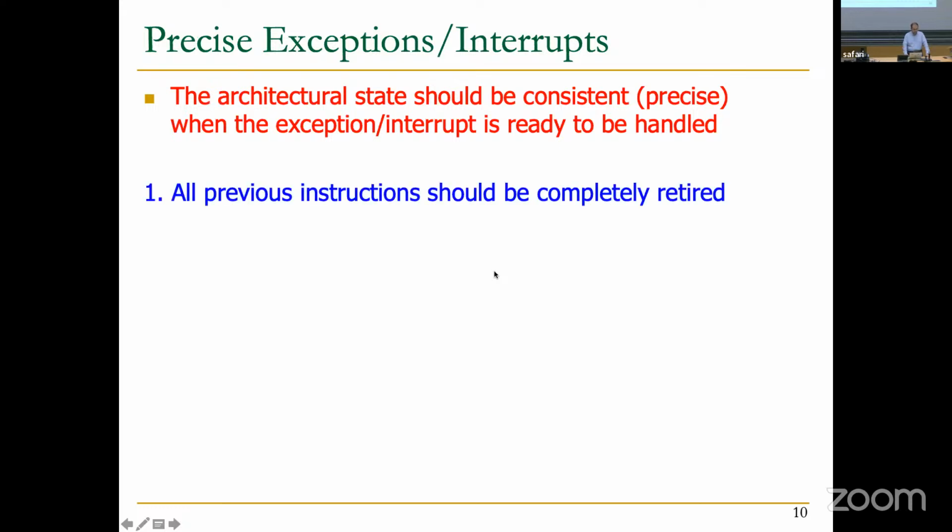This means all previous instructions should be completely retired or committed, and no later instructions should be retired. There might be some instructions in the pipeline, because you have a pipelined processor. You need to make sure that none of them are going to retire, so that you know from which point you can continue your execution when you resume from the exception handler.